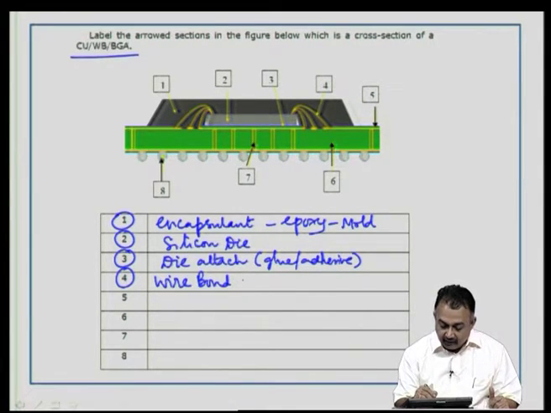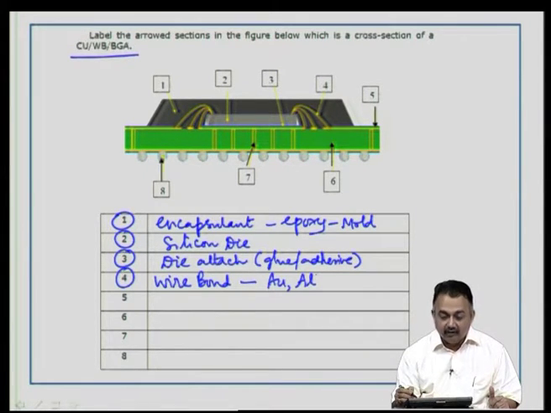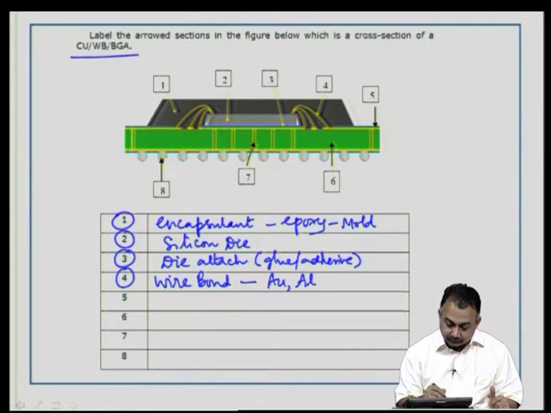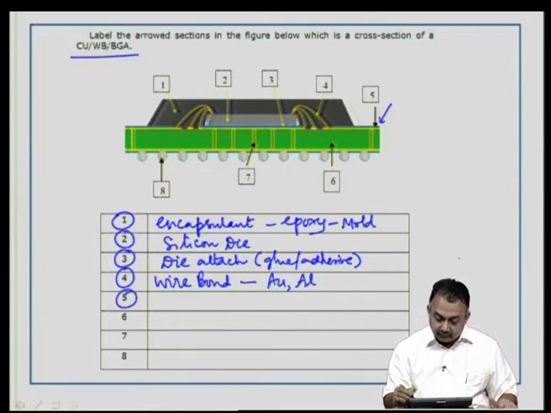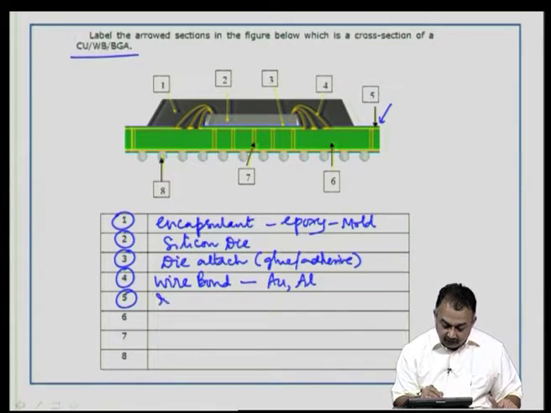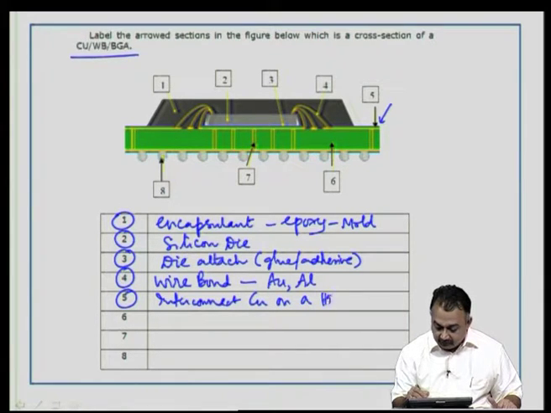So, the wire bond can be gold or aluminum, as the case may be, depending on the situation. Now, the fifth one is basically what it indicates here in this figure, the interconnect copper on a HDI substrate.